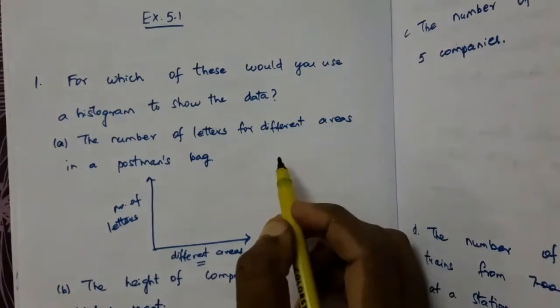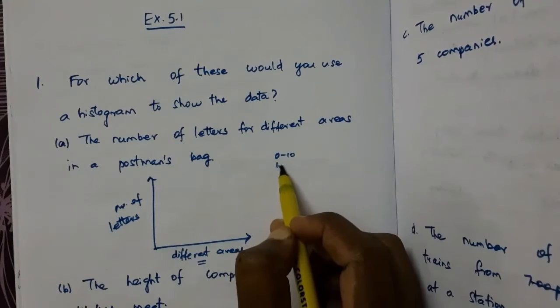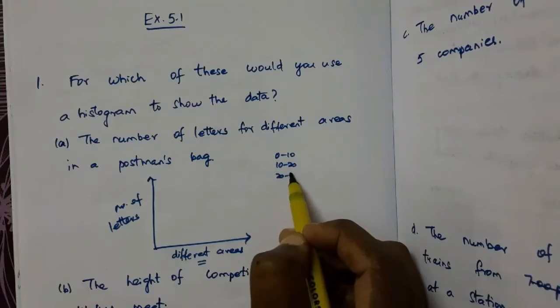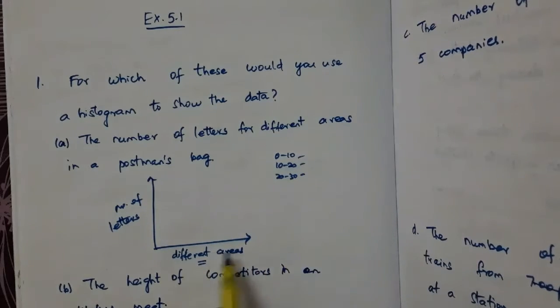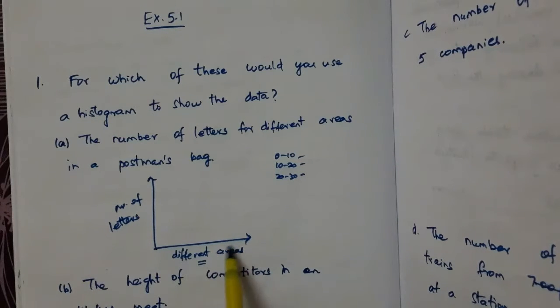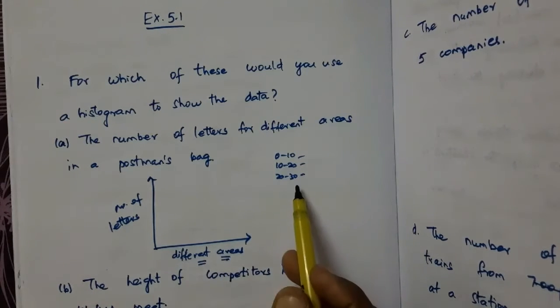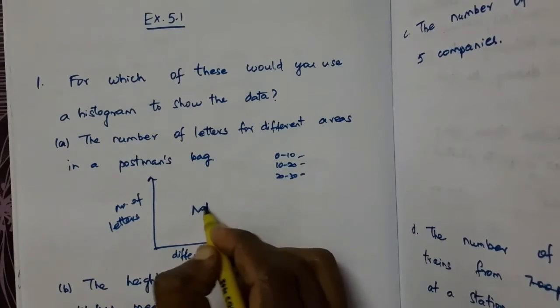What I mean by class intervals is we have to show some interval like 0 to 10, 10 to 20, 20 to 30 in a histogram, on the horizontal axis. This is called a class interval. But we cannot represent areas in terms of class intervals, so this is not possible.